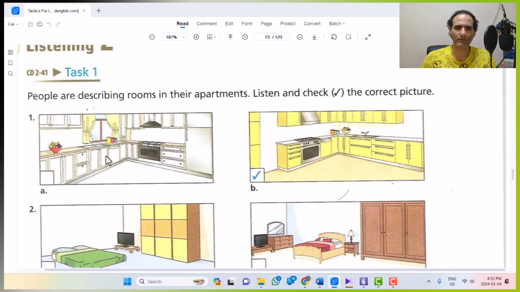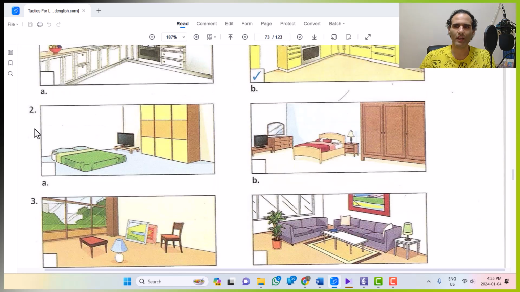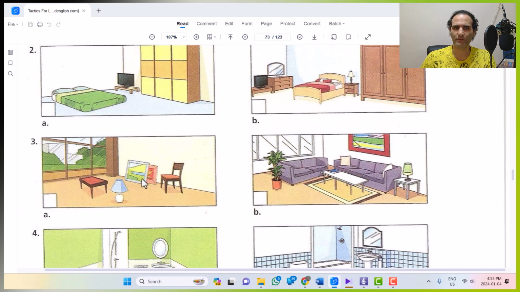So maybe the difference between these two is in the curtains. In number 2, the difference could be the dresser and mirror, probably. And this one is just a mattress, it's got a bed. Number 3, the difference could be in the sofa and in the love seat, probably.